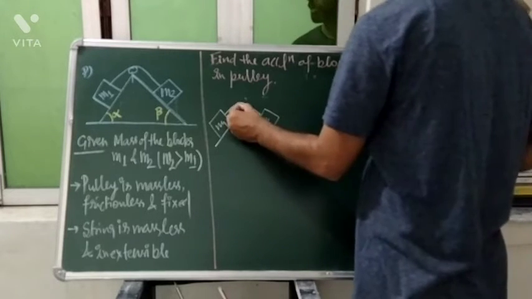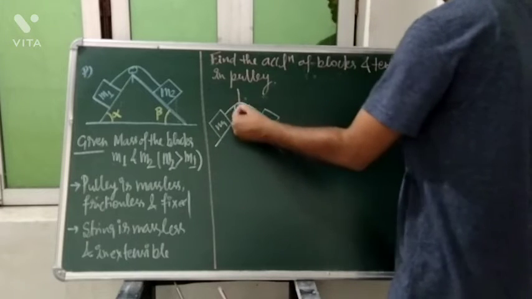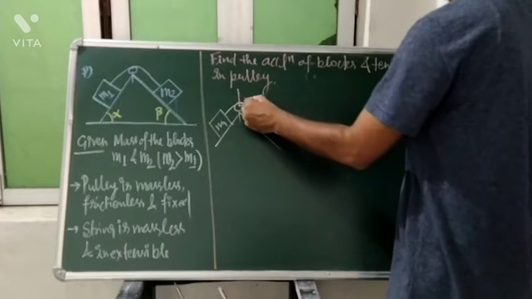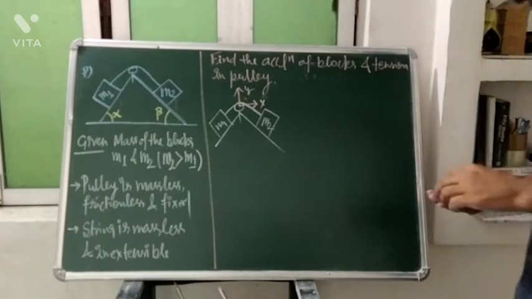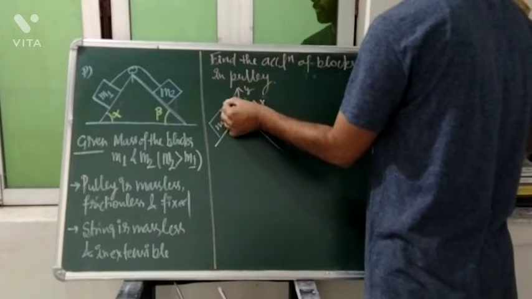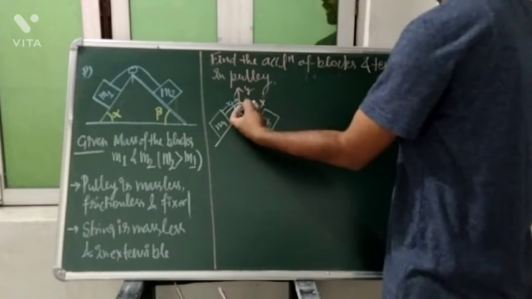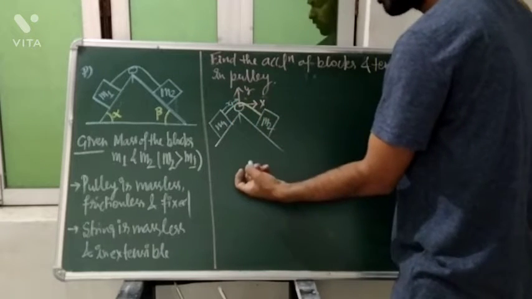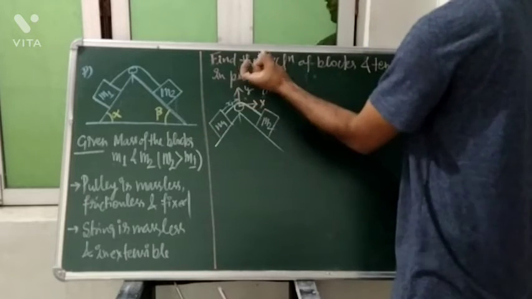Suppose this is a fixed point here, the pulley is not moving, so we can select the datum here. We say this is our x-axis, this is our y-axis. And from this fixed point, suppose this is our x1 distance. This x1 we are selecting as positive. It should be negative, or from the right side we are selecting the x1, we can say.